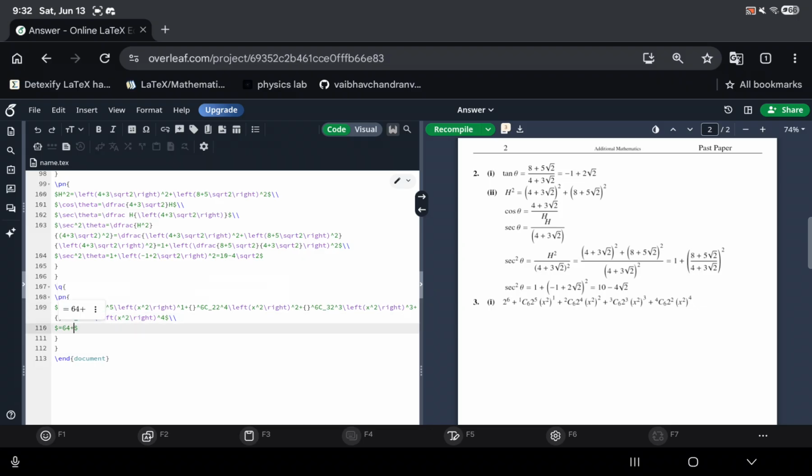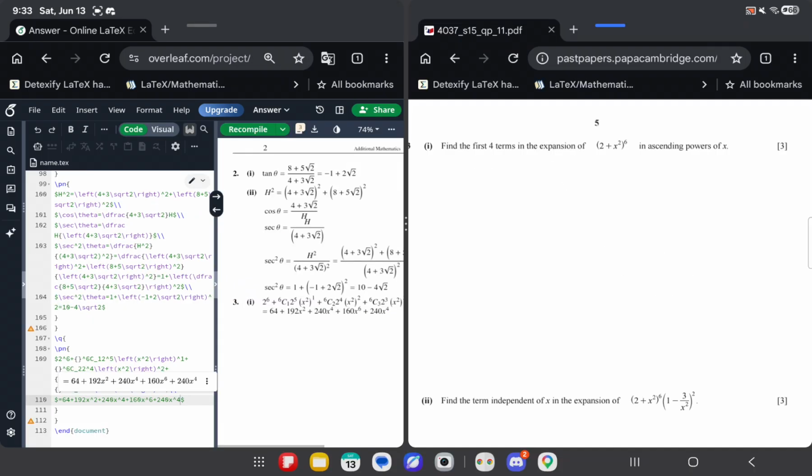64 plus 6 choose 1 times 2 to the fifth power, which is 192x squared, plus 6 choose 2 times 2 to the fourth power is equal to 240x to the fourth, ascending.